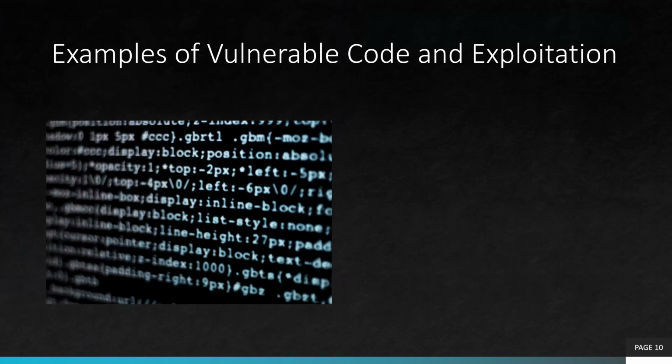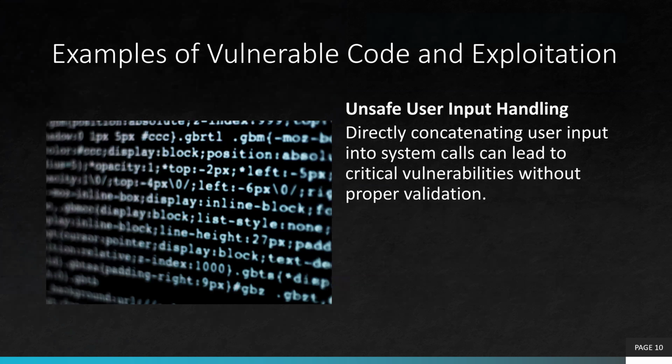Example of vulnerable code and exploitation. Some of the examples are basically unsafe user input handling. If the user input is not handled properly, direct concatenation of user input into system calls can lead to critical vulnerabilities without proper validation.